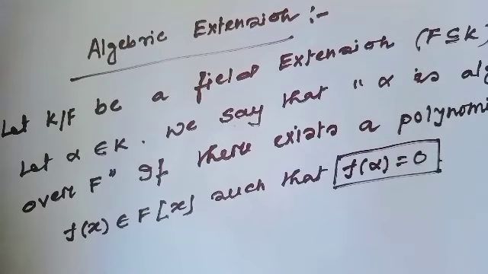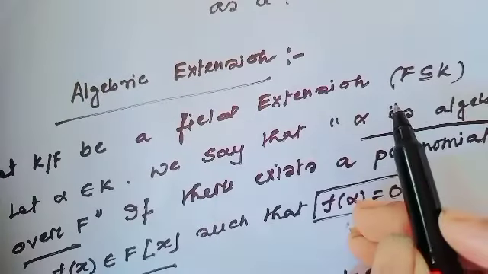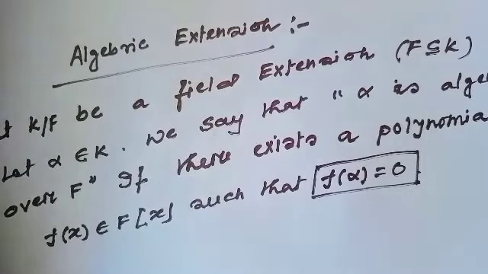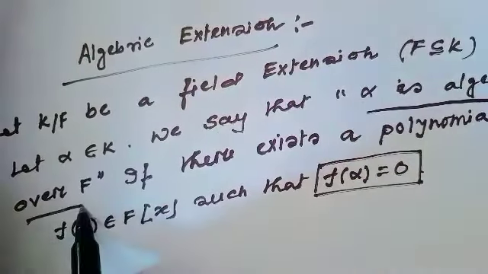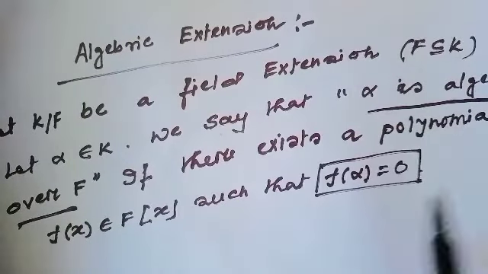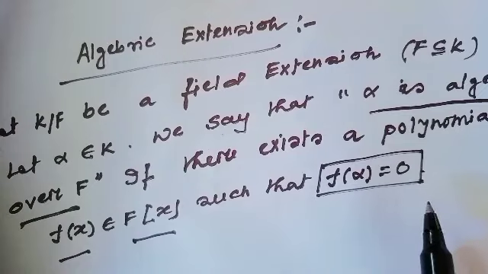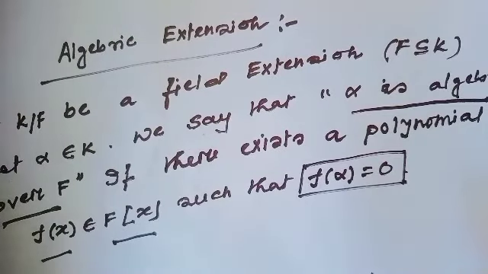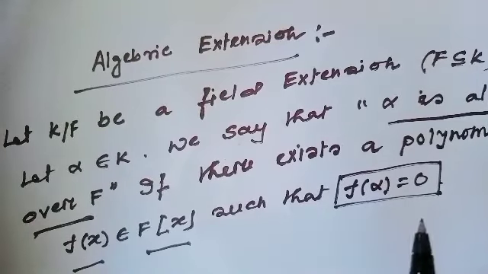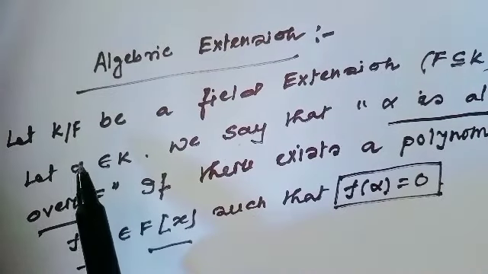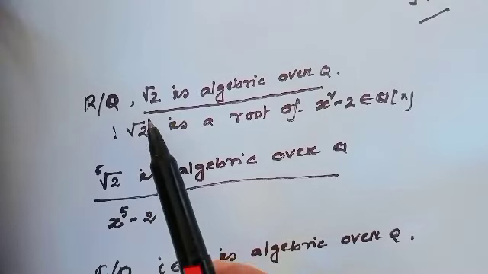The definition: let K over F be a field extension, where F is a subfield of the field K. Let alpha belong to K. Then we say alpha is algebraic over F if there exists a polynomial f(x) in F[x] such that f(alpha) = 0. That means if alpha is a root of some polynomial equation, then alpha is an algebraic number, and this extension is called an algebraic extension.